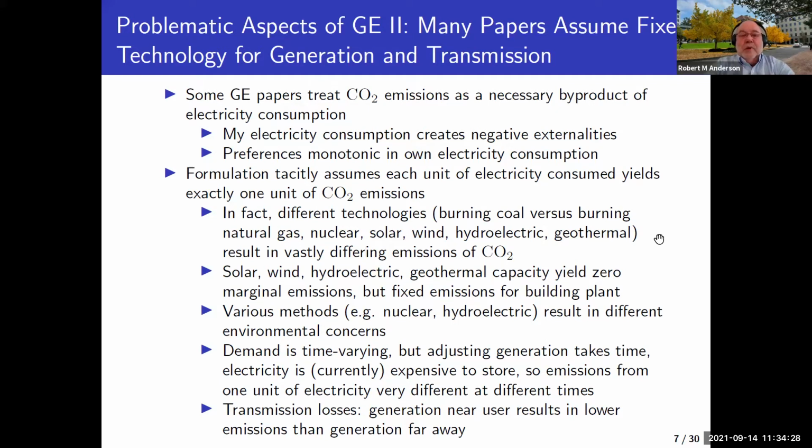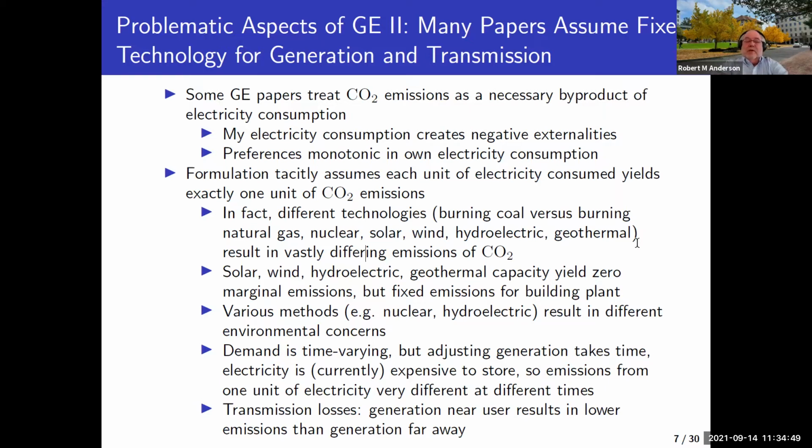So a model that treats global warming as an essential and necessary component of my use of electricity doesn't let me give incentives to improve the way it's generated. Okay.